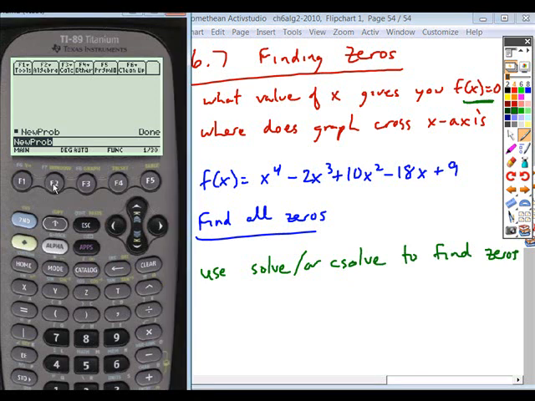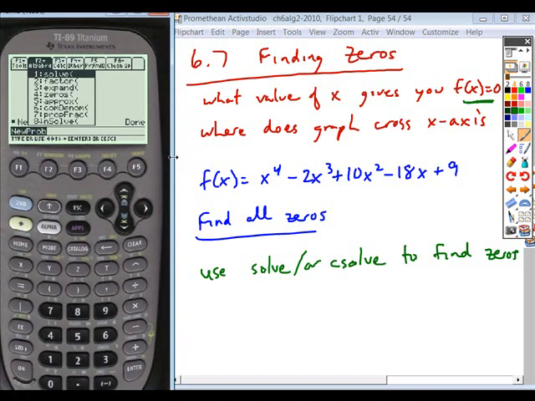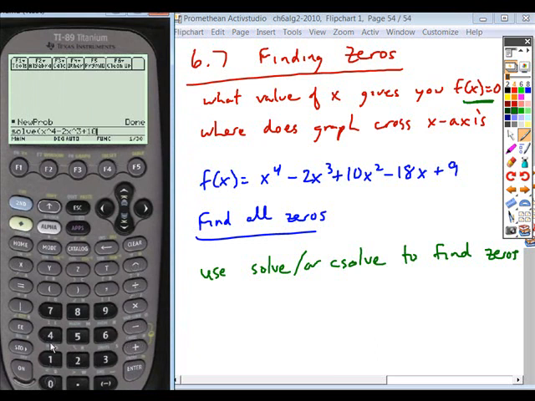So what we can do here is choose solve, and then type our equation exactly as it appears. And we're going to set that equation equal to 0 and identify x from that equation.